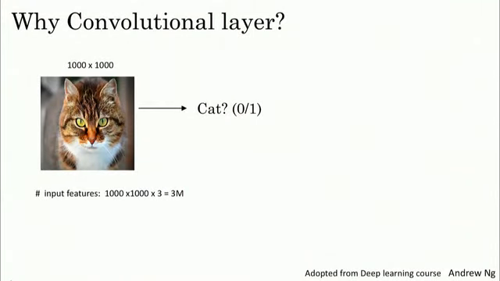Suppose you have a picture, a cat picture, and you want to classify it as cat or not cat. Suppose that the dimension of this figure is 1,000 pixels by 1,000 pixels, and this is an RGB picture, meaning that it has 3 channels for red, blue, and green. So the total number of features in this figure will be 1,000 times 1,000 times 3, which is 3 million.